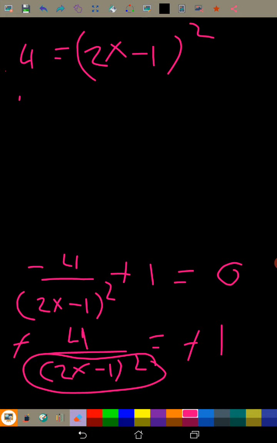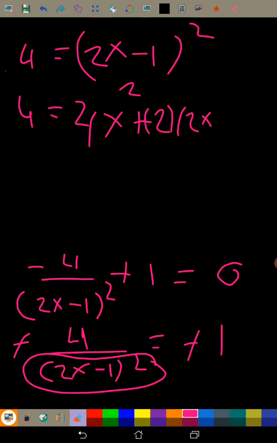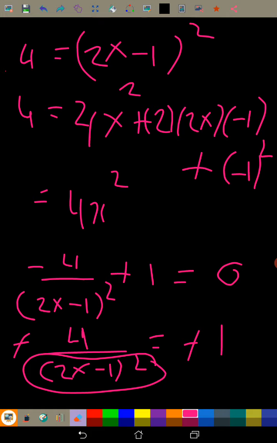We can expand this now because we don't have to deal with differentiation anymore. Using what we know, we have 2 times 2x times minus 1, plus this to the power of 2, which gives us 4x squared minus 4x plus 1.